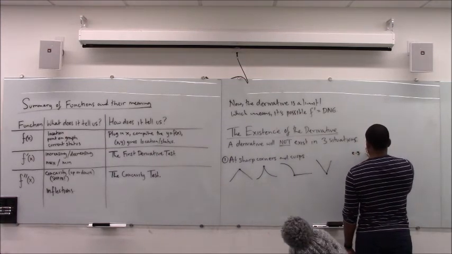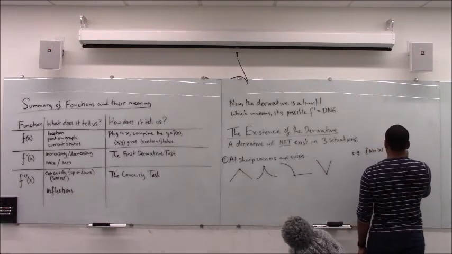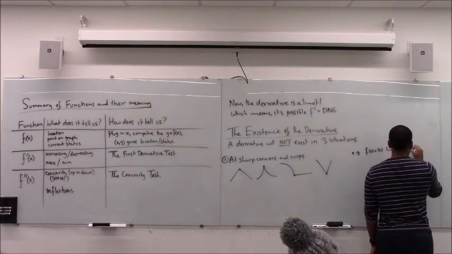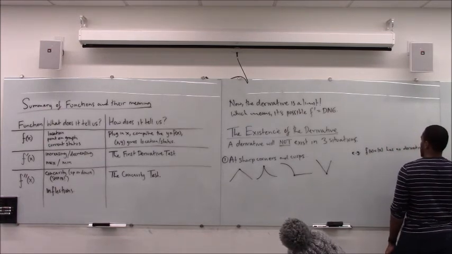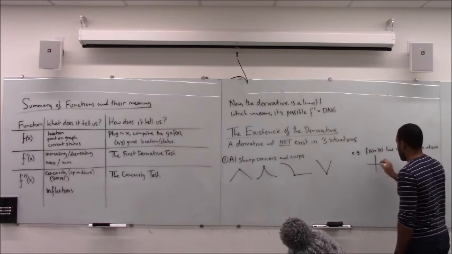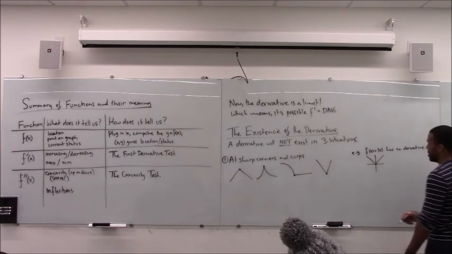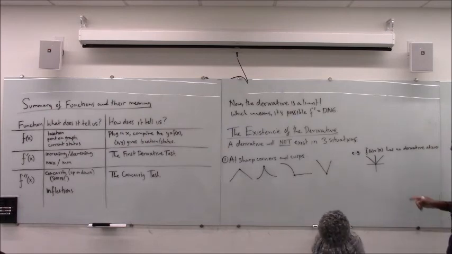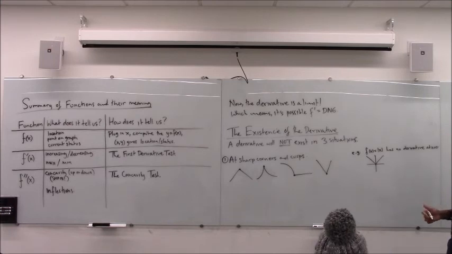Canonical example, f of x equals absolute value of x has no derivative at x equals 0. So this is a function that we all know, it's the v, and it turns out that at the corner of that v, you actually can't find a derivative.